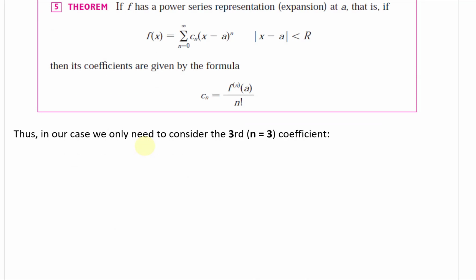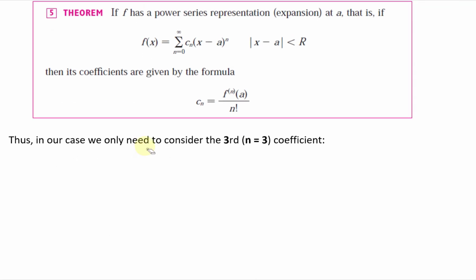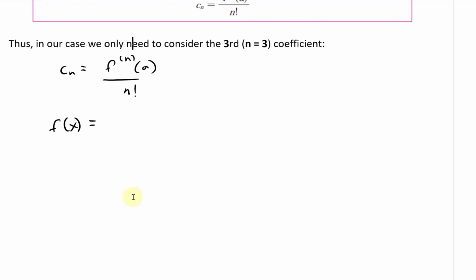So what we have is here. We know that the coefficient cn equals the nth derivative of f at a divided by n factorial, where f(x) is equal to the summation, as a power series form here, from n equals 0 to infinity of cn times (x minus a) to the power of n.